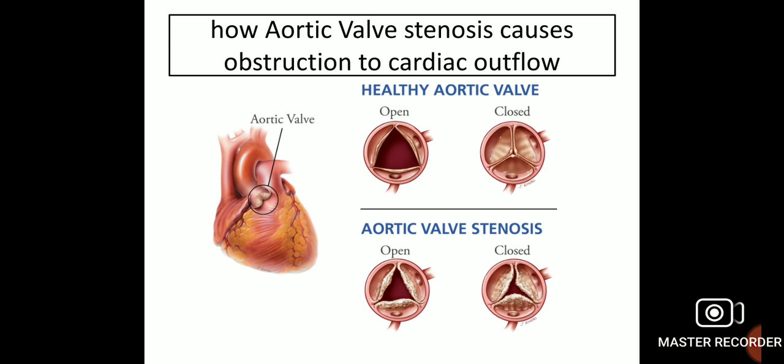In the upper half I have shown the healthy aortic valve, and in the lower half the aortic valve stenosis. In the upper figure the valve is properly opened and properly closed, but if it is stenotic or calcified, then it is either not properly opening or not properly closing.